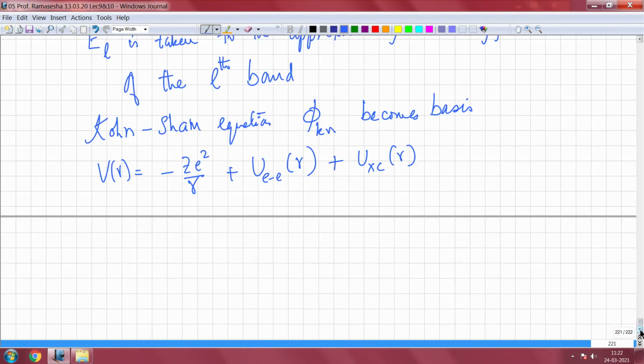Sometimes one can improve upon these calculations by doing what are called APW LO calculations, APW local orbital calculations. This uses a slightly different basis function.